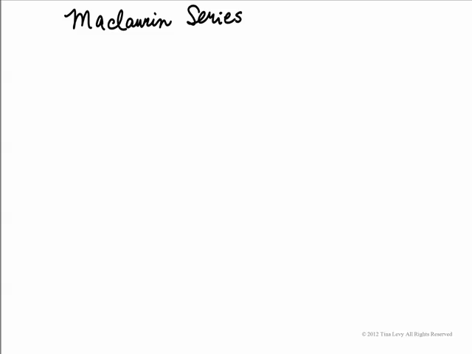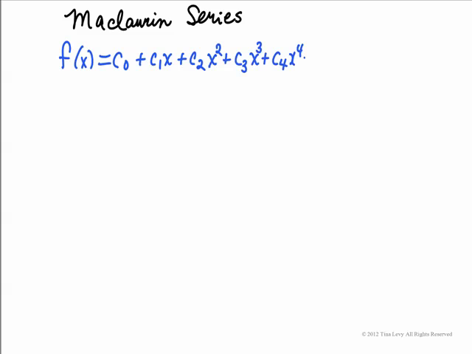I'm going to derive for you the Maclaurin series. We start with a power series for a function. So assume that a function f of x is defined by a power series c sub 0 plus c1x plus c2x squared plus c3x cubed plus c4x to the fourth, and this goes on indefinitely.